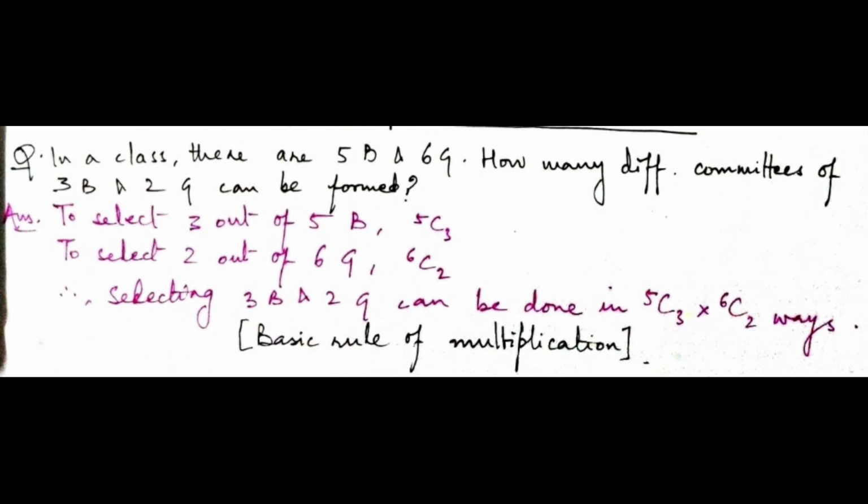From 5 boys, we're choosing 3 boys. From 6 girls, we're choosing 2 girls, in 5C3 and 6C2 ways respectively. So selecting these 3 boys and 2 girls can be done in 5C3 into 6C2 ways. This is the basic rule of multiplication.